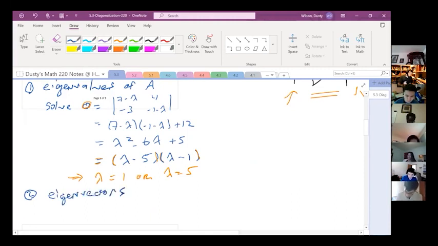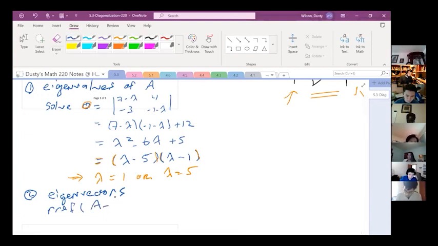So let's make sure that you remember what you're going to do. You're going to end up having to row reduce A minus 1I, and you're going to row reduce A minus 5I.